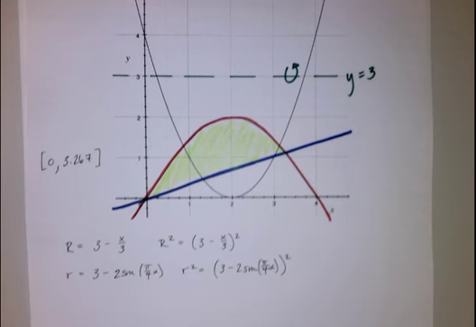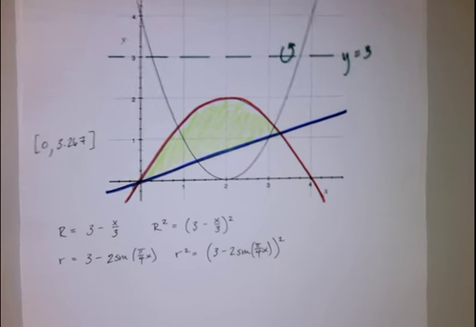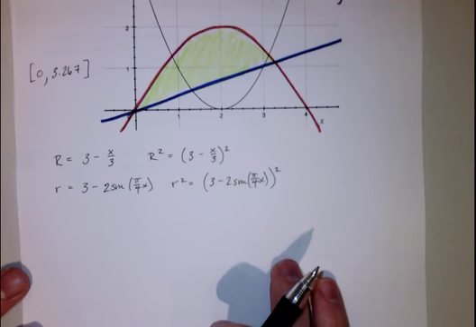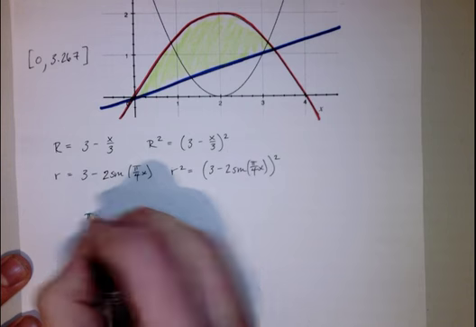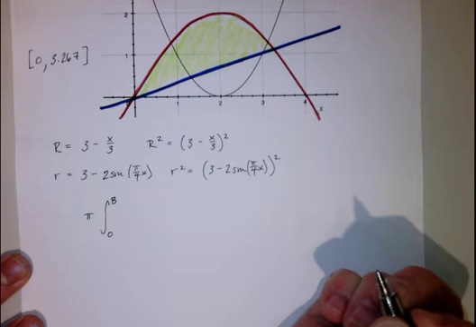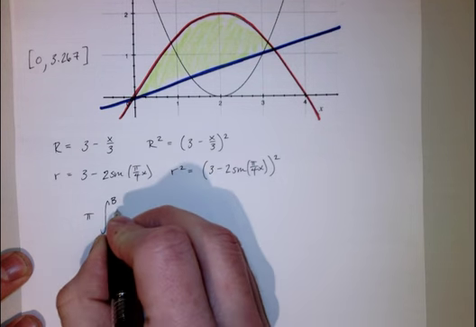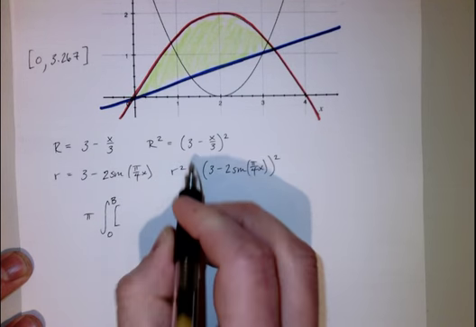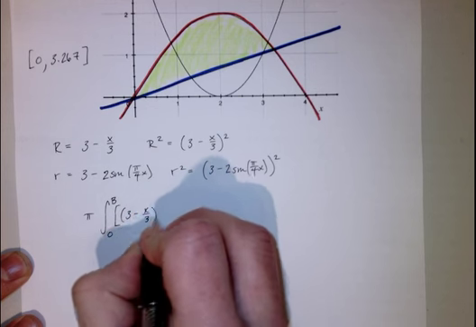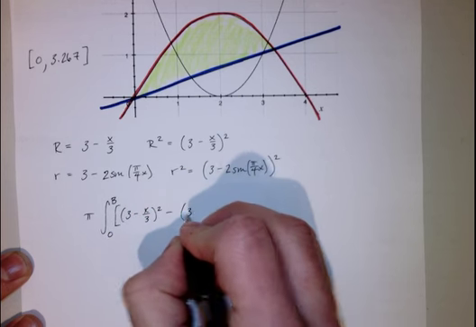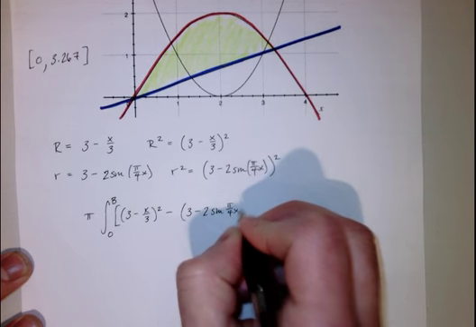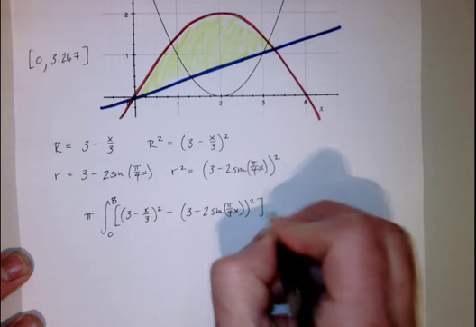Now, I can do this in my calculator, but I'm going to show you basically what's going on first here. I'm going to write it out. 0 to b, and then I'm going to have R squared, which is 3 minus x over 3 squared, and then r squared, 3 minus 2 sine pi over 4x squared dx.